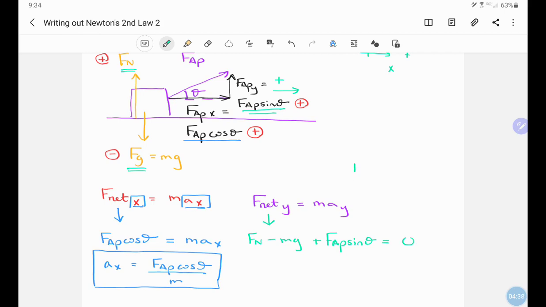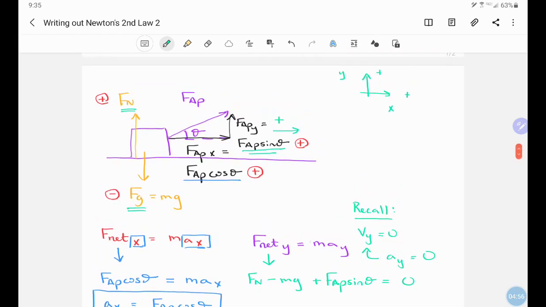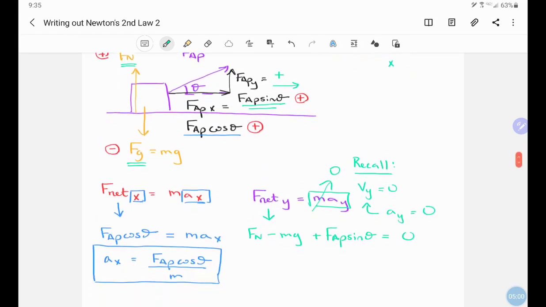Now recall, all right, this object is moving horizontally. We established that at the beginning of the problem. Therefore, Vy is 0. As a result, acceleration in the y direction is also 0, so that makes this term, may, go to 0.